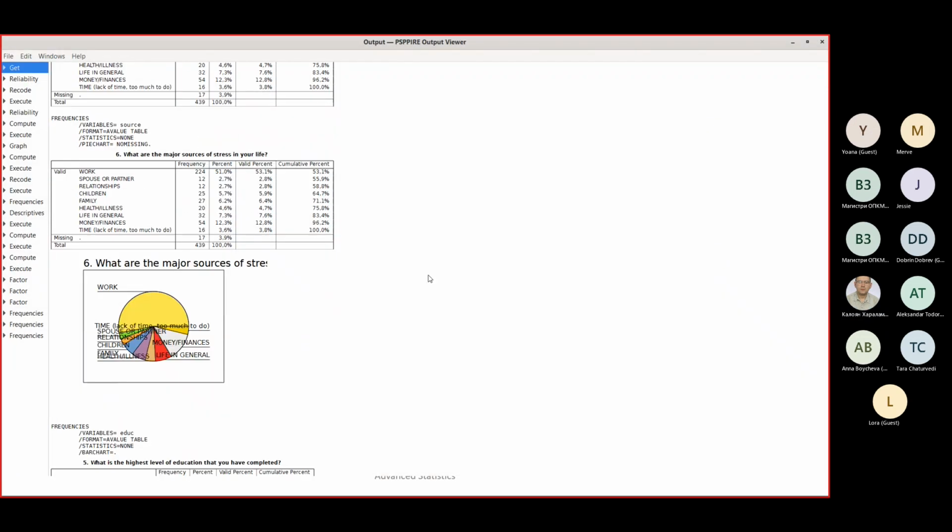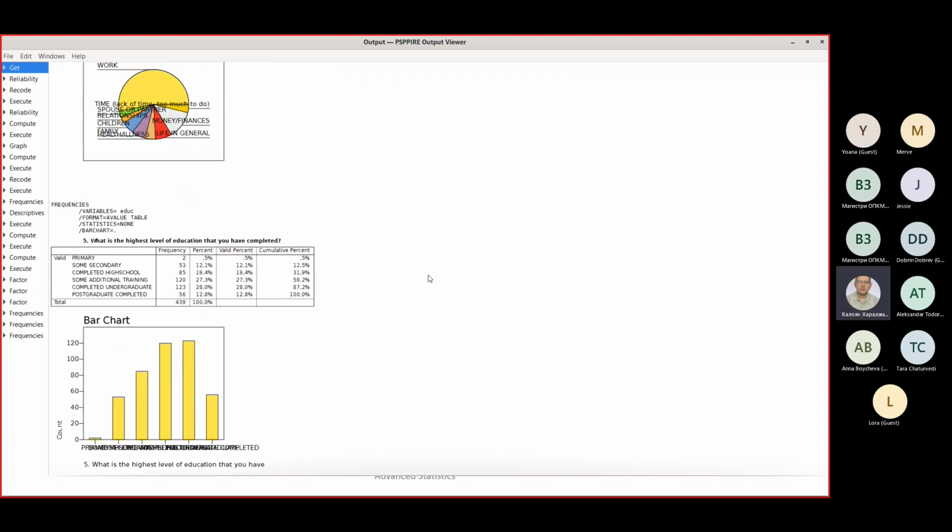Here is the result. The interpretation of descriptive statistics of ordinal variables is almost the same as nominal variables, but here we can make an interpretation of this last column of cumulative percent.